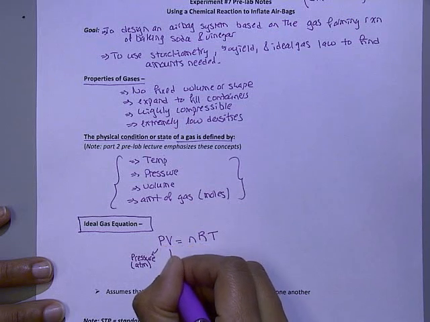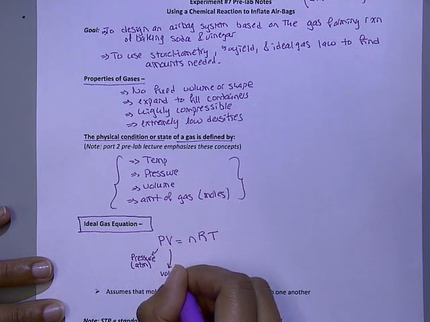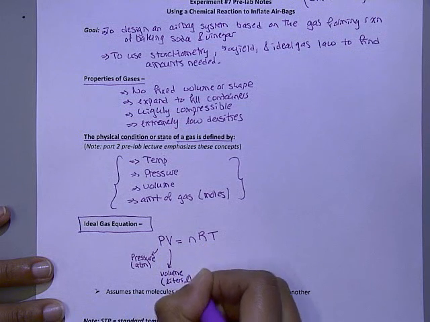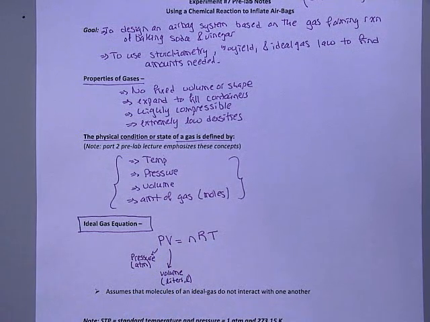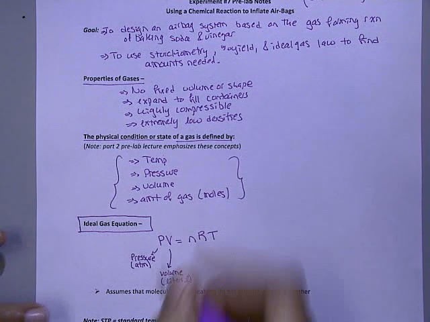Our volume is in units of liters, which is lowercase l or uppercase L. Of course, it could be in milliliters, microliters, etc. By now, you are comfortable enough with unit analysis to convert from one unit to another unit.